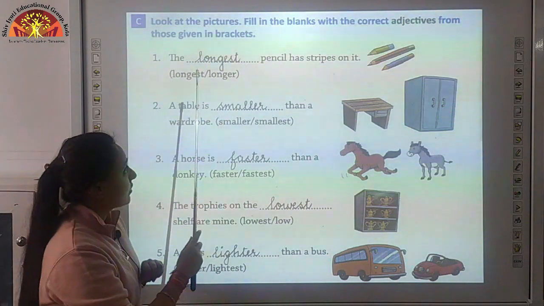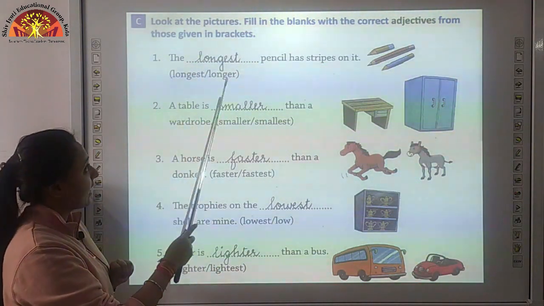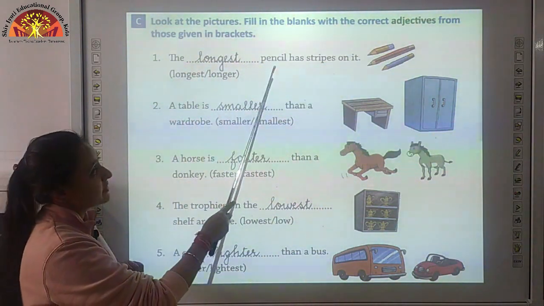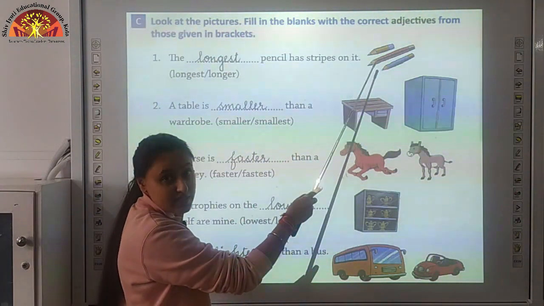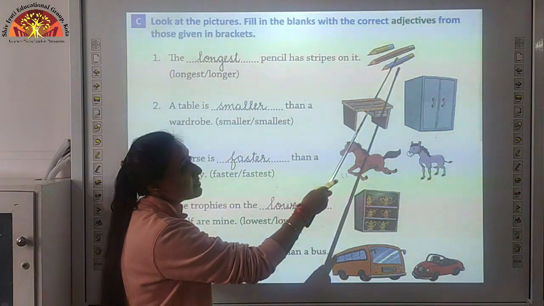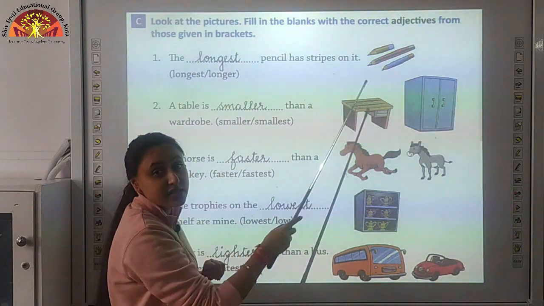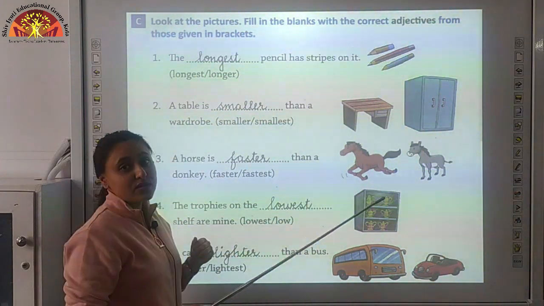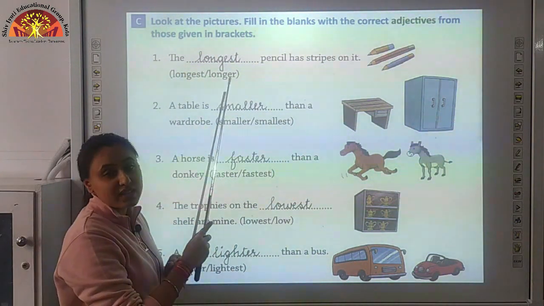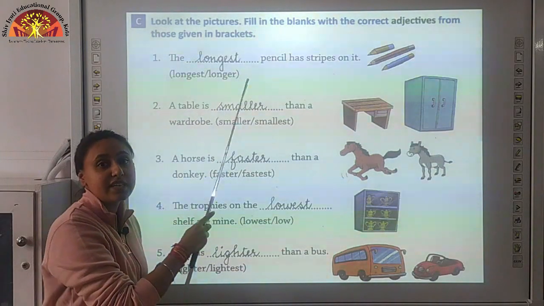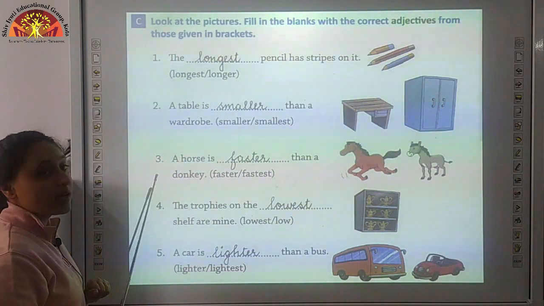So options given to you are longest and longer. The dash pencil has stripes on it. So children, look here. Does this pencil have stripes? No. The center one has stripes on it. So this is the longest pencil. We are comparing among three things. So we will write longest over here.